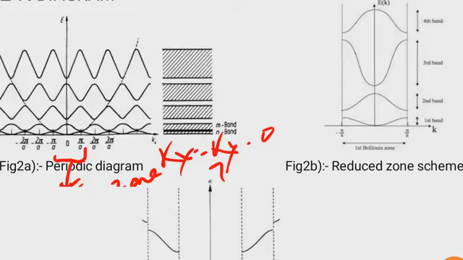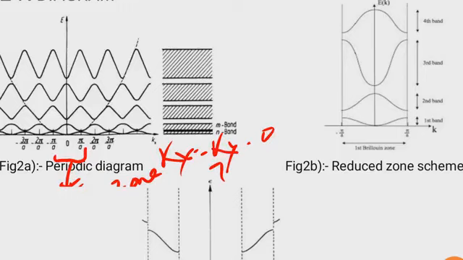As all of these ranges, minus pi by a to plus pi by a, minus 2 pi by a to plus 2 pi by a, minus 3 pi by a to plus 3 pi by a, and so on, are periodic in nature, for simplicity we consider the fixed range minus pi by a to pi by a.